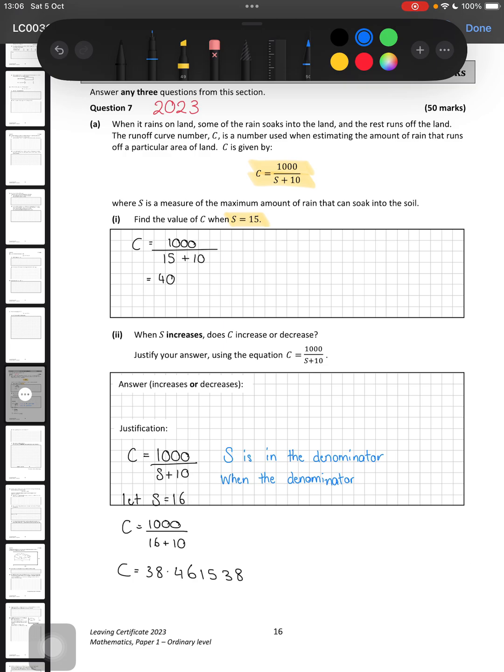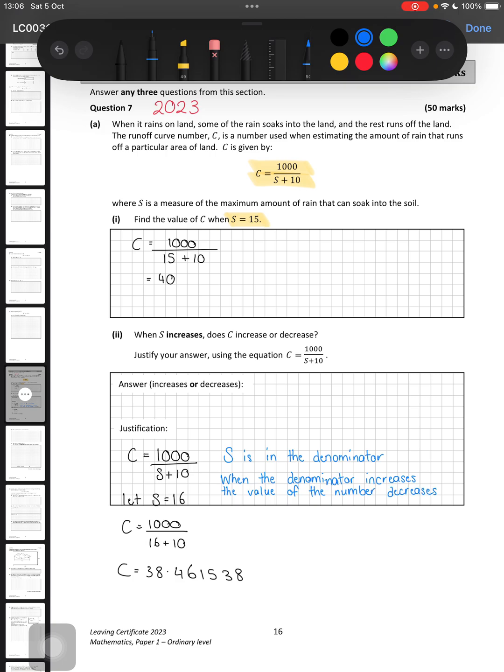So when the denominator increases, the value of the number decreases. We just worked that out, and then it reminded me of what I already knew.